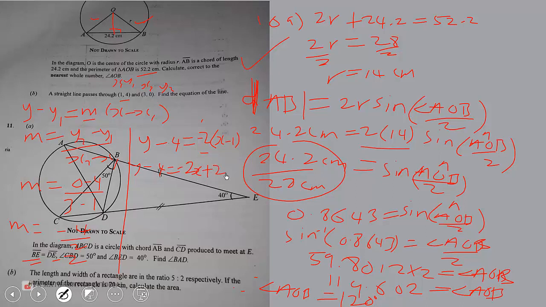So we get y equal negative 2x plus 2 plus 4. So we are going to get y equal negative 2x plus 6 as the equation of the line.